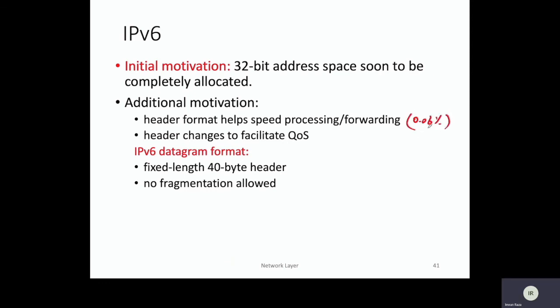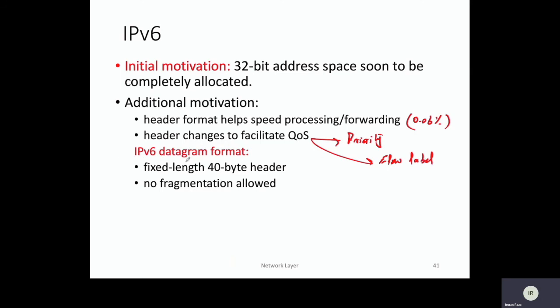The header has also been changed to facilitate quality of service, and for that we have here the priority field, and we also have the flow label, right?